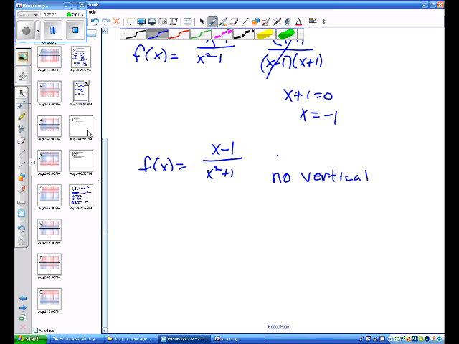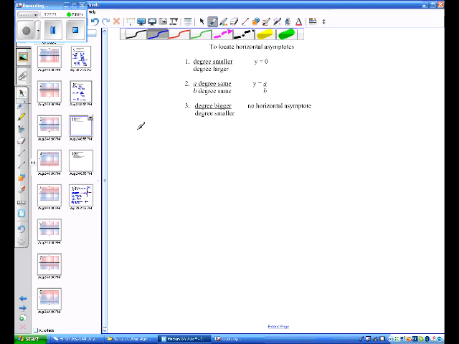Okay, let's look at some things then to help us locate our horizontal asymptotes. In doing your horizontal asymptotes, it's really tied into the degree of your numerator and denominator, the degree of those polynomials. Now I've abbreviated it here to make it simpler for me.